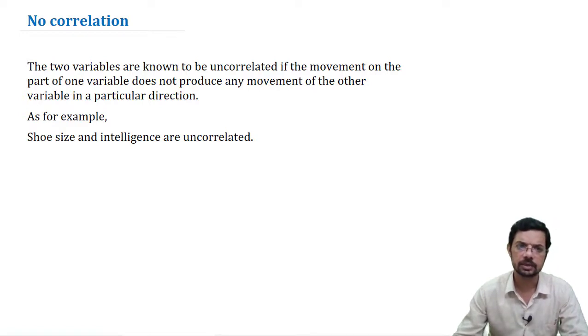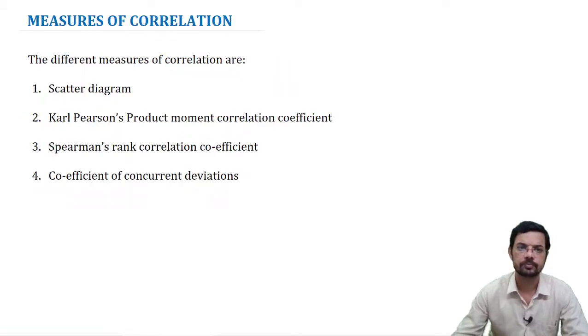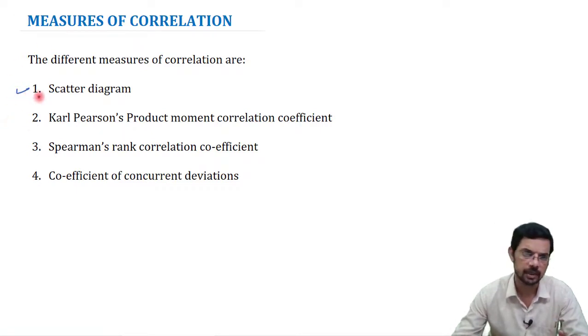So, now let us discuss some algebraic methods of finding correlation, some mathematical calculation based methods to find correlation between two variables. First one is the scatter diagram, a graphical method where we look at the diagram.